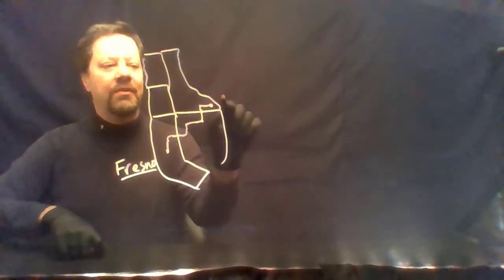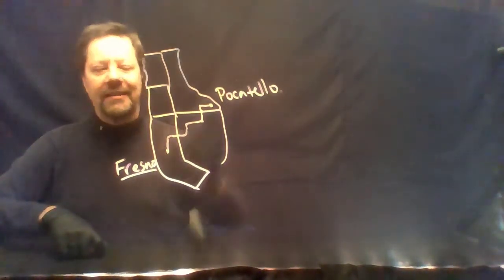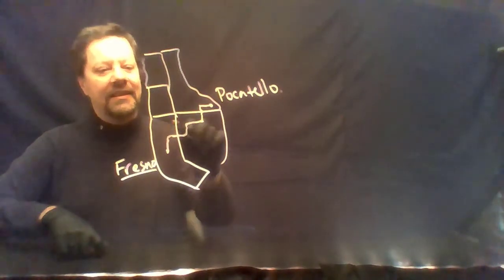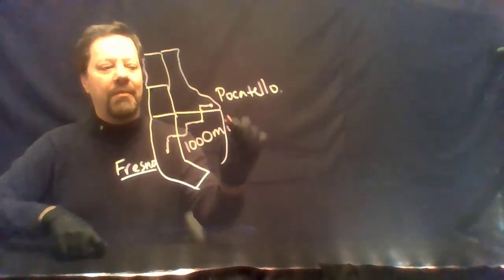Suppose I'm going to drive from Fresno, California, where I was born and raised, and go up to Sacramento and cross over at Donner Pass, go to Reno, up to Winnemucca, over to Elko, up, and then over to Pocatello, Idaho, down in the southeast corner of Idaho. It's a travel of about 1,000 miles.